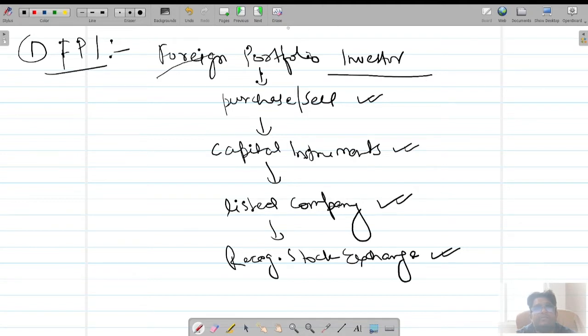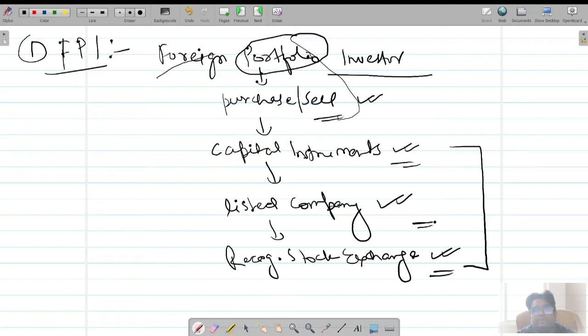That is, a foreign portfolio investor has to comply with three basic conditions: they have to invest in a listed company on a recognized stock exchange, and they have to invest only in capital instruments. This is the foreign portfolio investor.